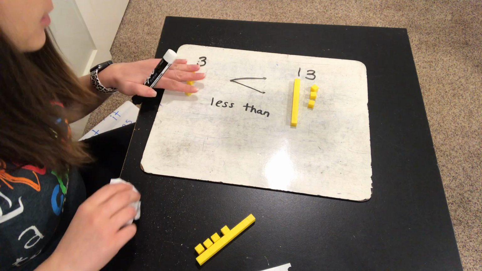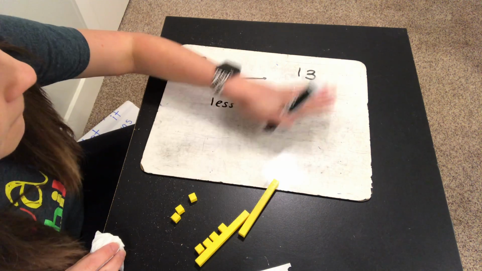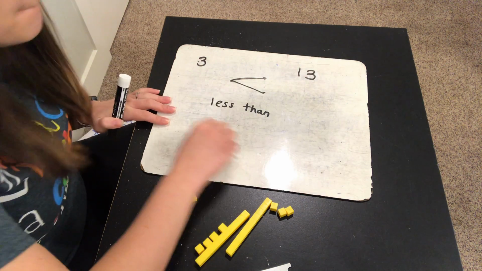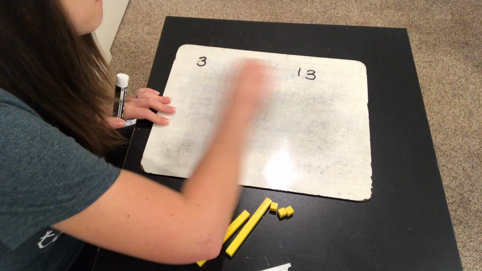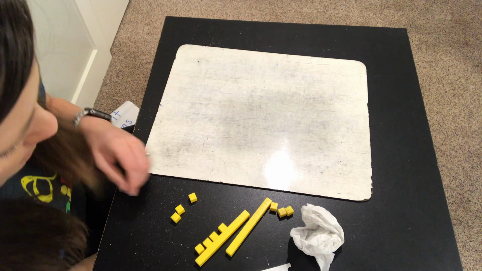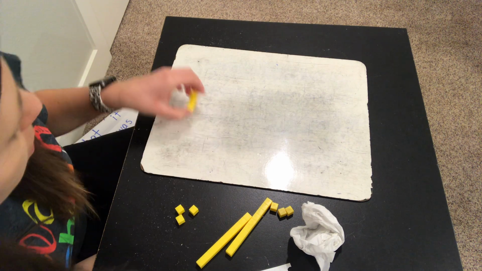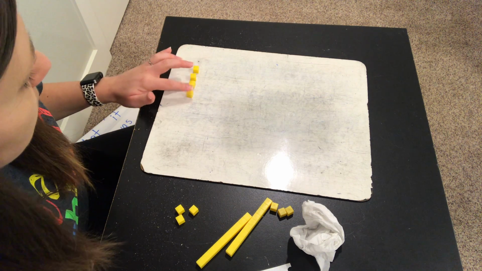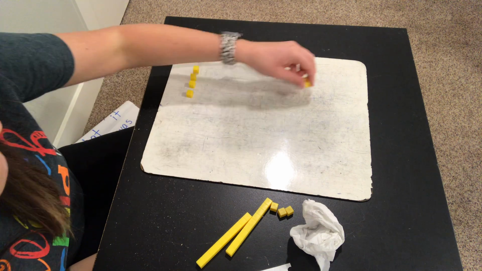All right, let's clear our board and we'll do a different number. How about we build 4 on the left and 4 on the right?